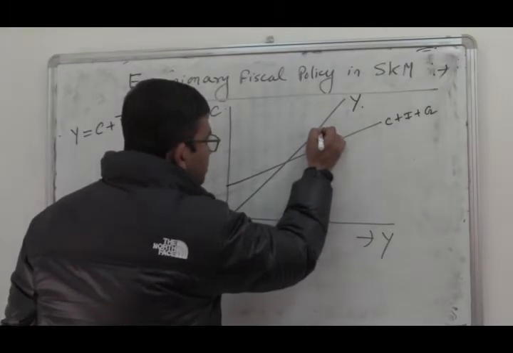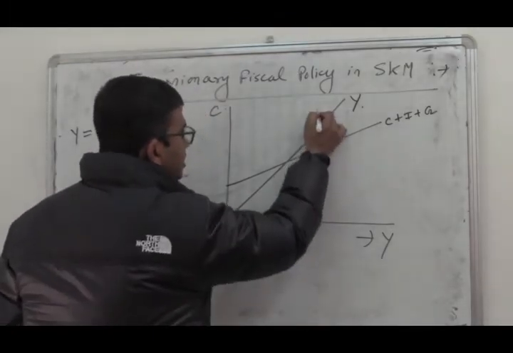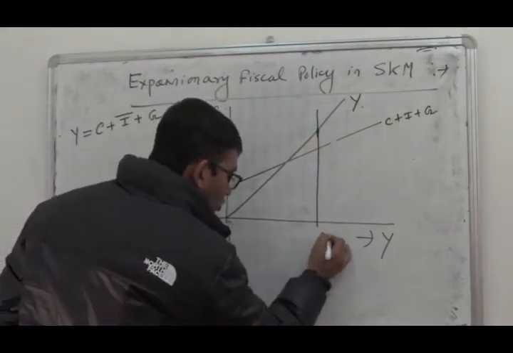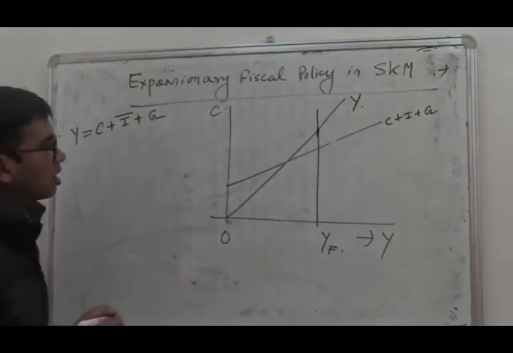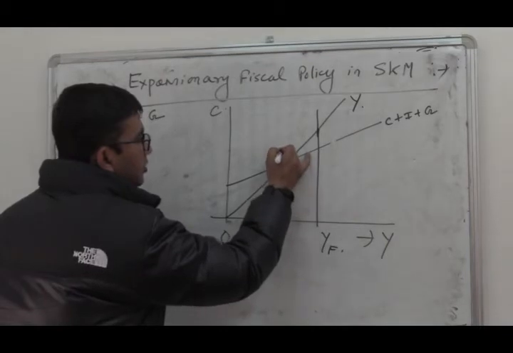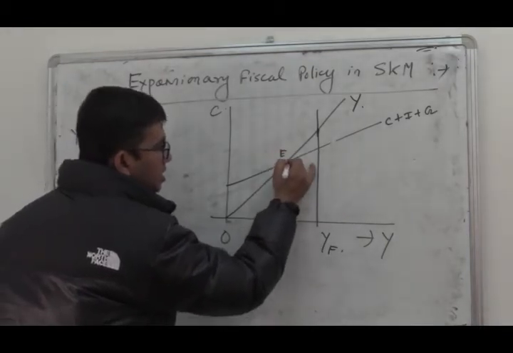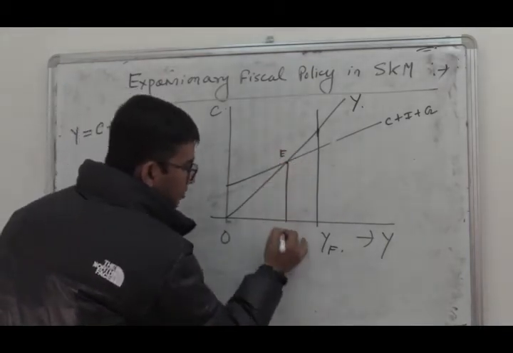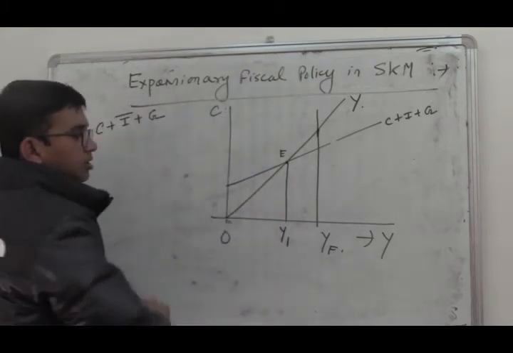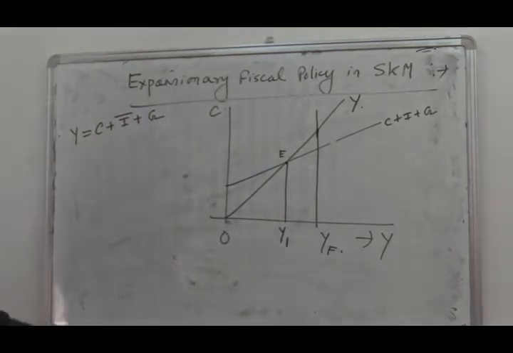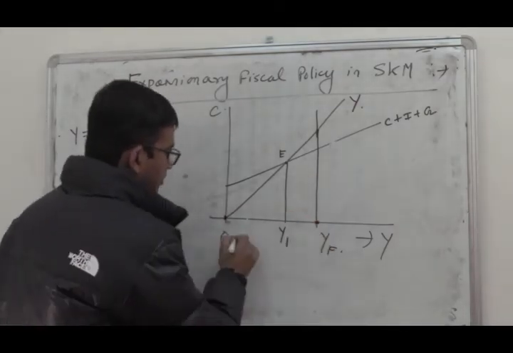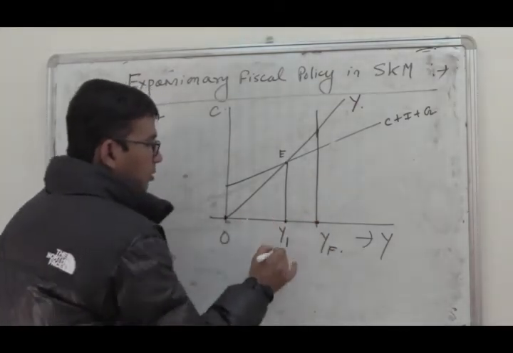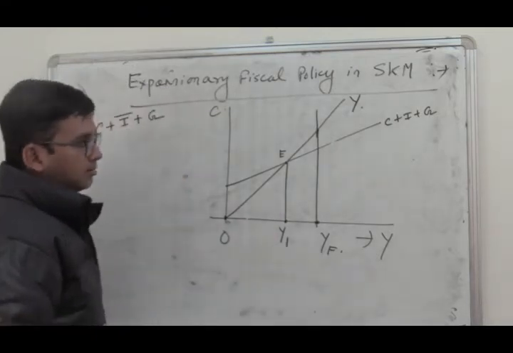Let us suppose that OYF is the full employment level of output. But what is the equilibrium point? This is E, and this is the equilibrium level of output. So the full employment level of output is OYF. The actual level of output is OY1.